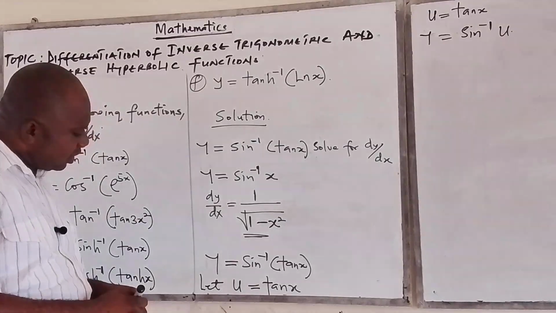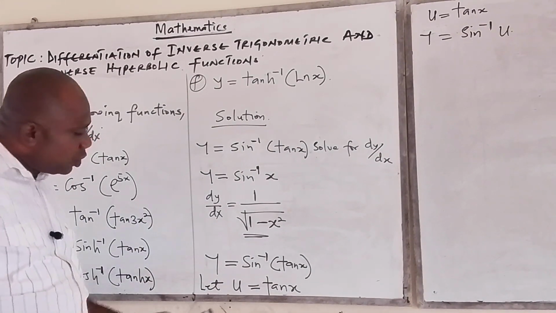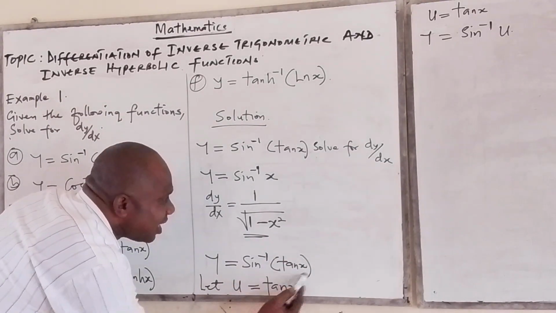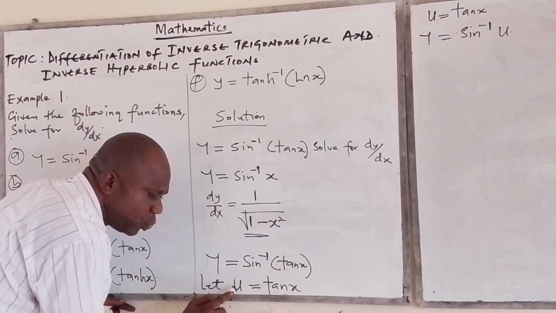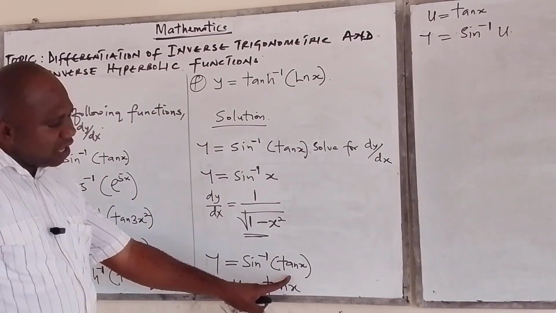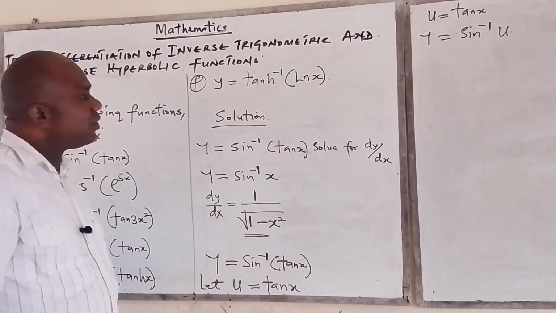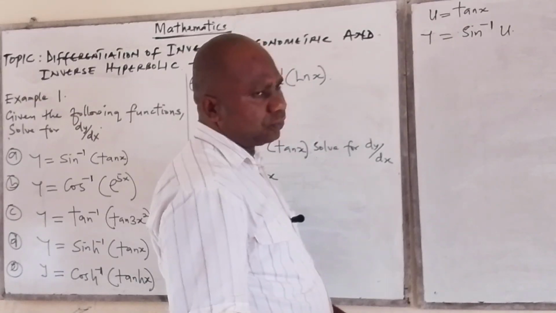Here we have sine inverse of x, y is equal to sine inverse of tan x. So now, because this tan x is actually taking the position of this x, we are assigning u, we are tying this value to u. So we say let u be equal to tan x. So if u is equal to tan x, it means y will be equal to the sine inverse of u.